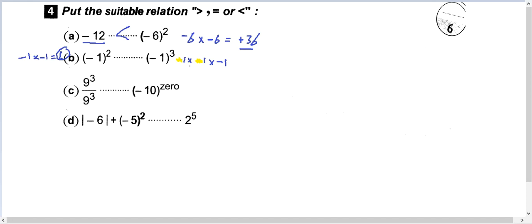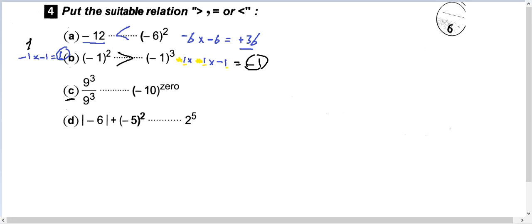Negative times negative equals positive. Here we have 1 times 1 times 1. Remember the negative: negative 1 times 1 times 1 equals negative 1. So the result here equals 1, and here we have negative 1. Which is greater? The first one is greater.